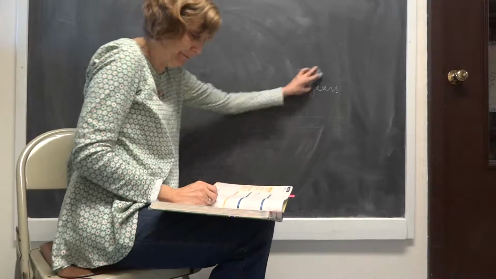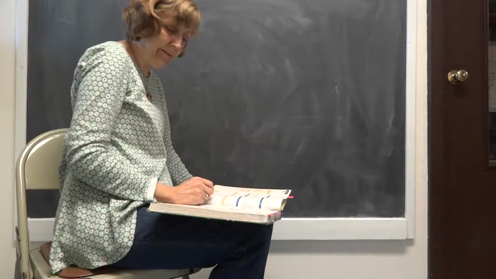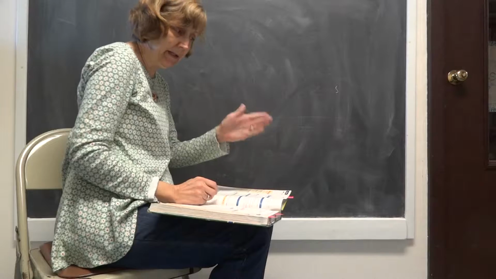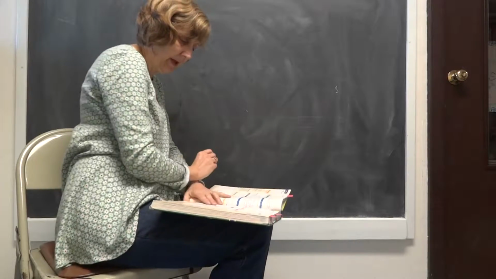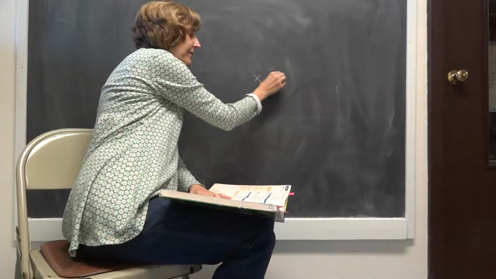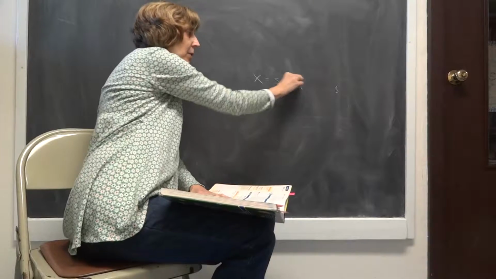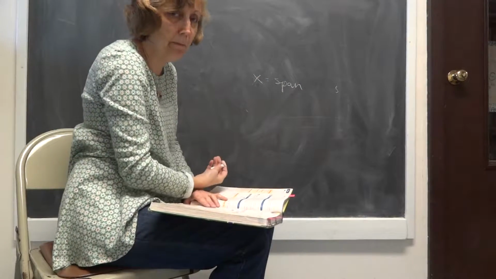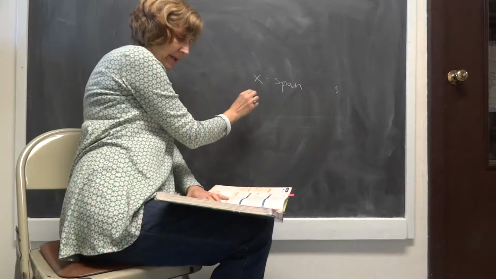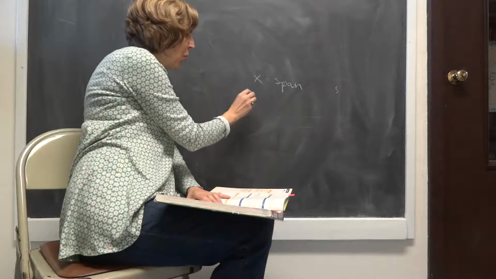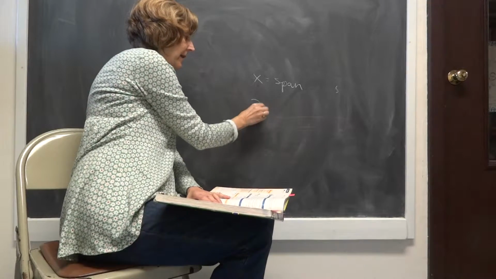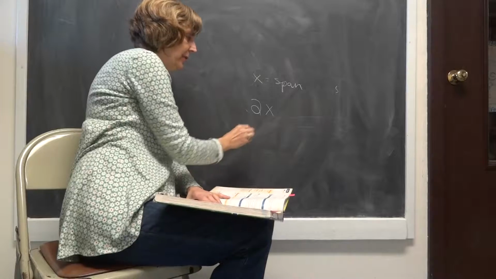We'll try it again. B, 7 centimeters less than twice the span of your hand. So we're going to let x be the span of your hand. That's the first thing you want to do, figure out what your variable means. Twice the span of your hand would be 2x.